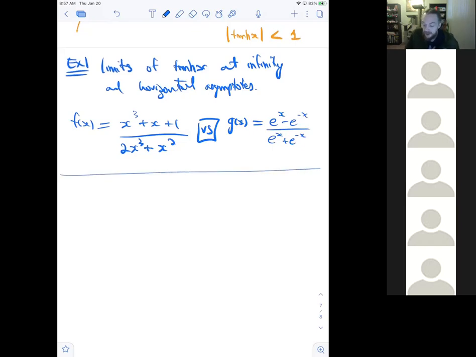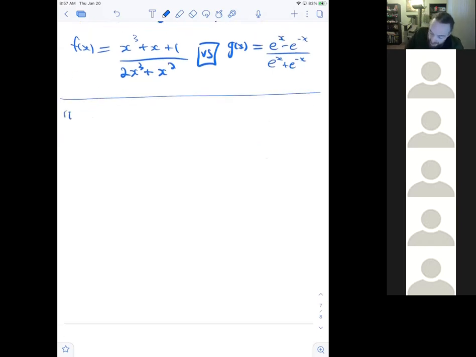So for the first one, I'll look at the limit as x approaches positive infinity of x cubed plus x plus 1 over 2x cubed plus x squared.